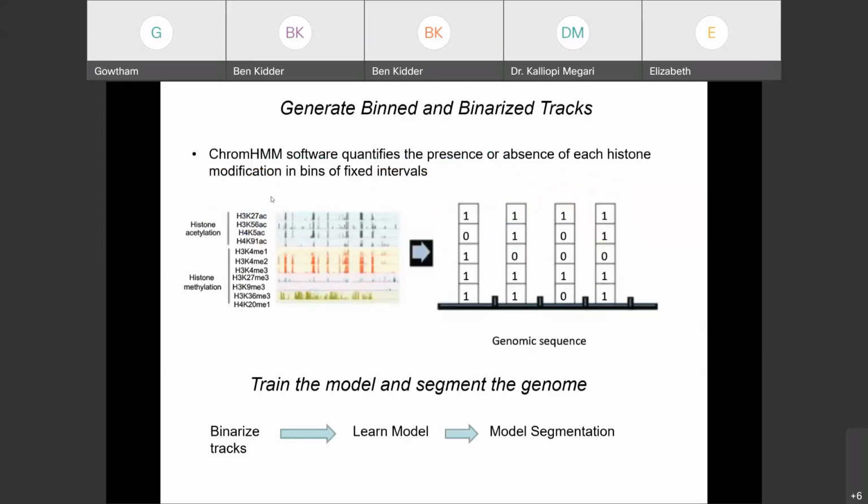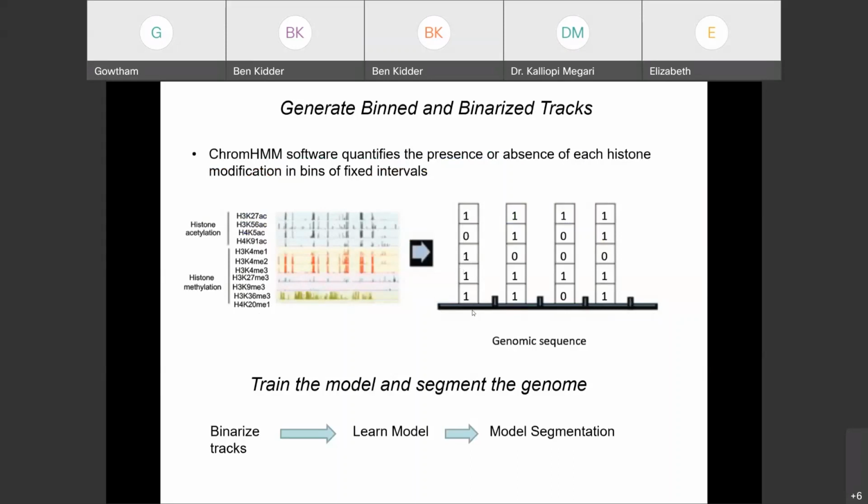In essence, on the left you can see representative histone modifications. What the method is doing is binarizing these data: after the genomic bins are established at fixed intervals, it looks for the presence or absence of a specific peak for a histone modification.